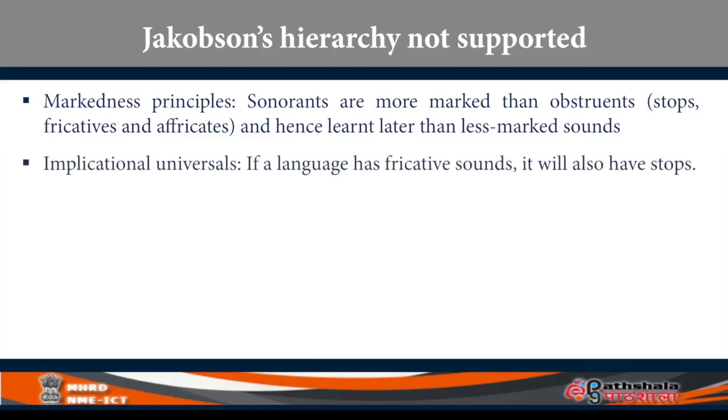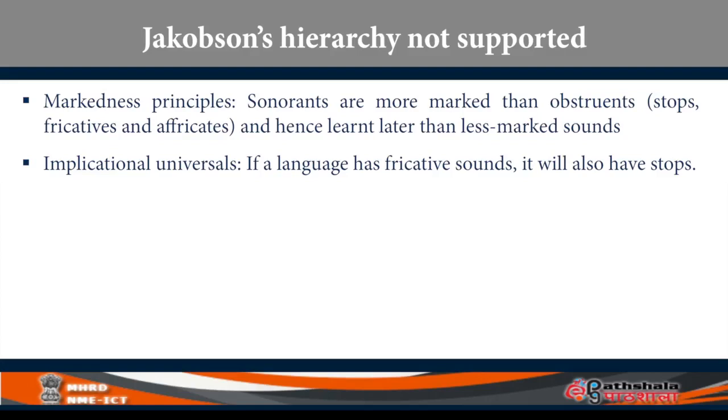The second explanation is implicational universals. That is, they studied hundreds of languages, and they found that if any language has fricative sounds, it will also have stops. In other words, fricative is more complex. Fricative contains both a stop process as well as a release process. I mean, the air escapes slowly, making a little bit of noise. So if a child can produce fricatives, the child can also produce stops.